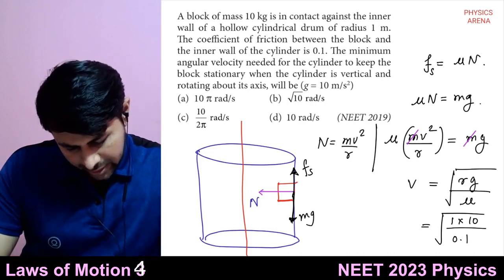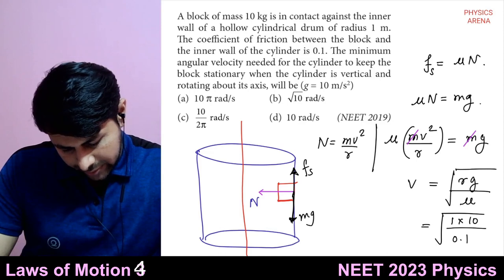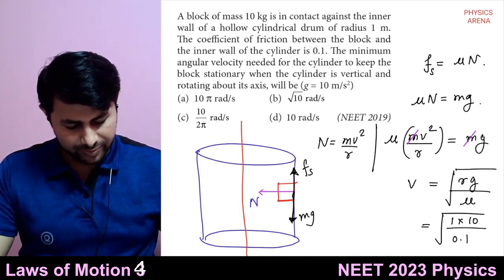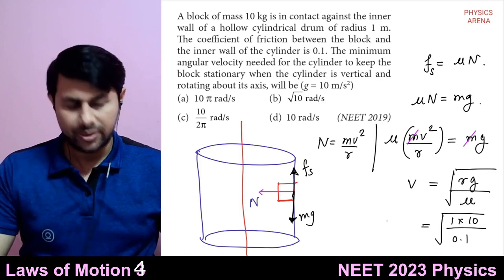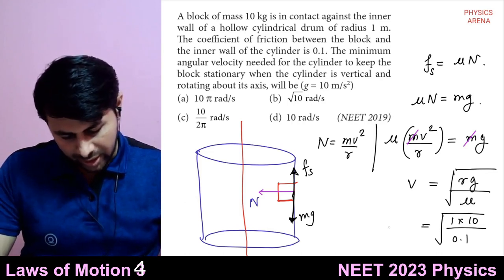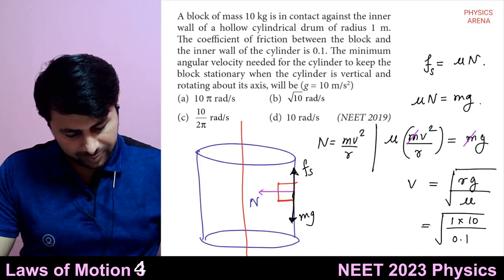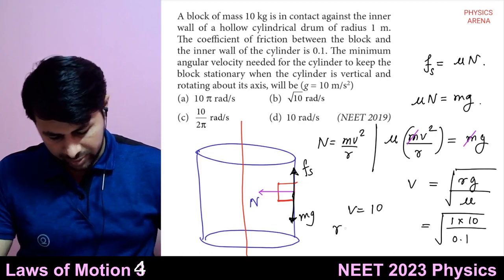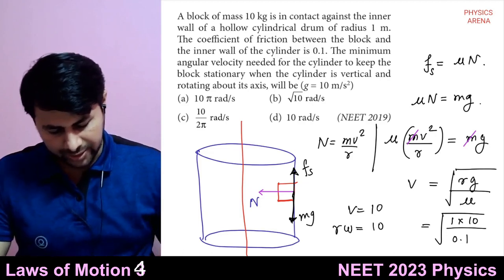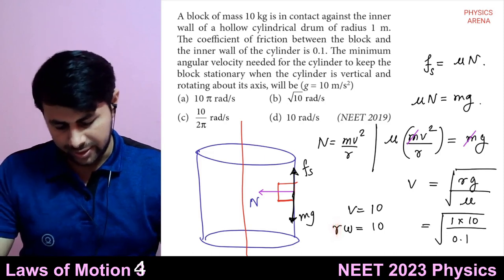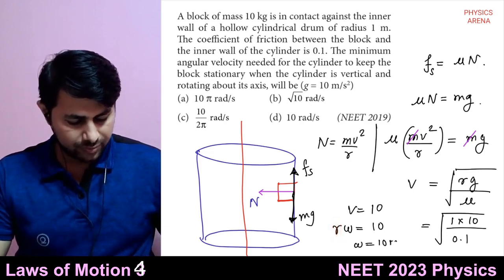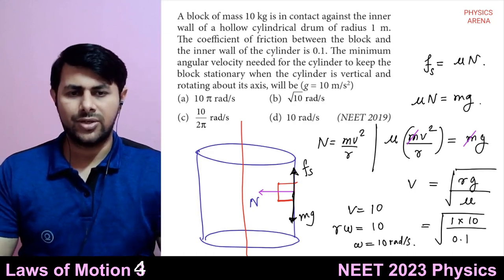And you want angular velocity. So v is equal to 10 and v is r omega. How much is r? r is 1. So 10 equals r times omega, and r is 1. That means omega is equal to 10 radians per second.